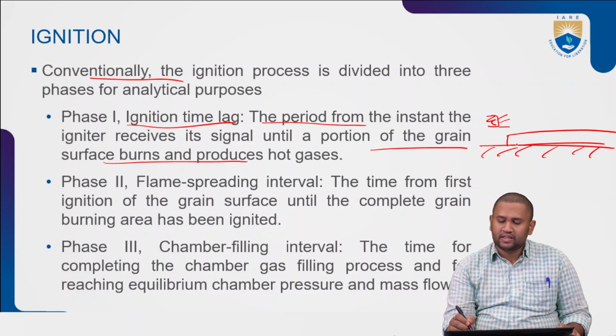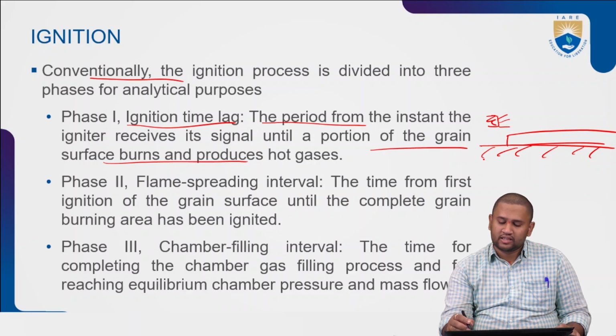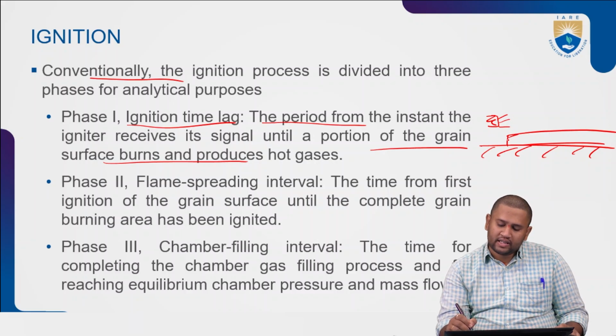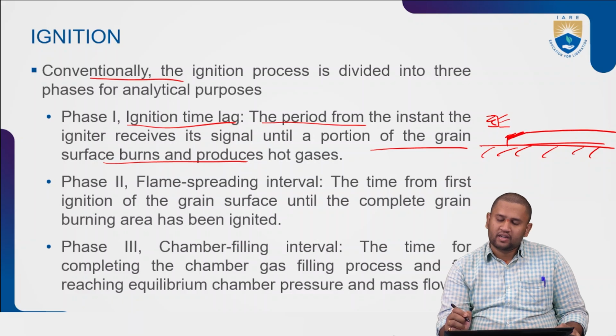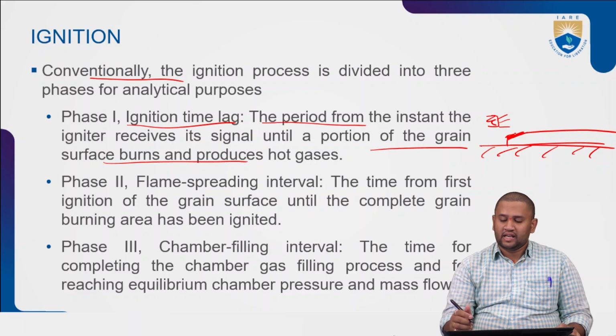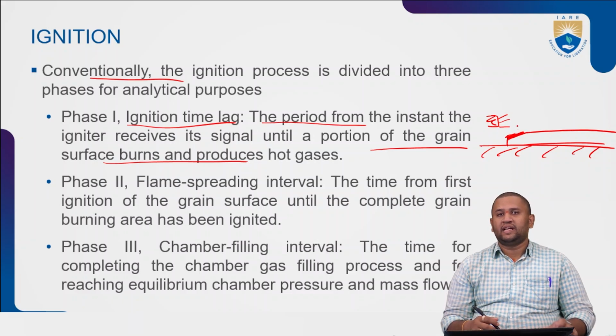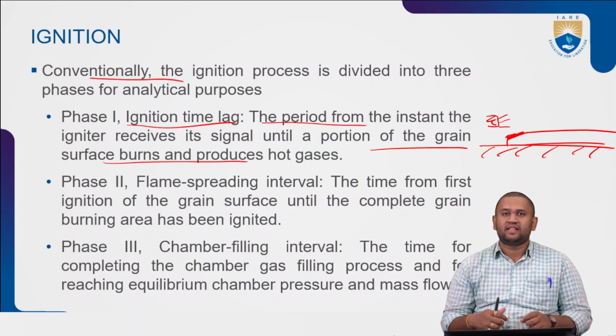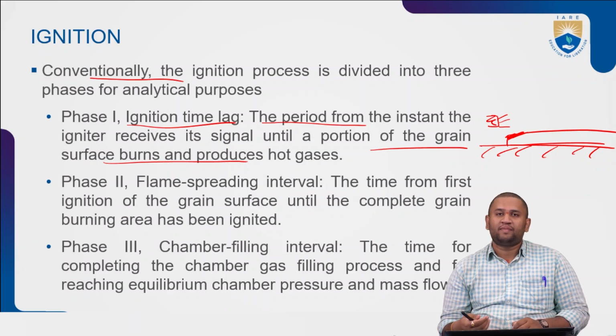As the igniter starts, you will initially be burning a small portion of my grain, right? As this burns, you will get my initial amount of hot gases as well as the start of the surface burn.